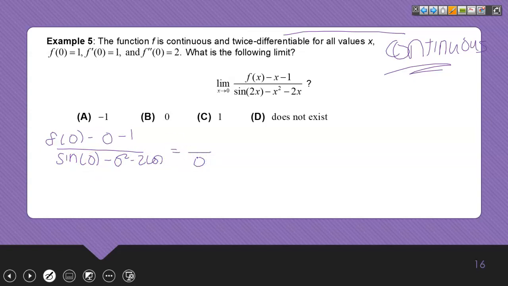I know immediately sine 0 is 0, 0 squared is 0, 2x over 0. So the bottom is 0. It's whether the top is 0 or not we have to be concerned about. So f of 0 is 1. 1 minus 0 is 1. 1 minus 1 is 0. So I get 0 over 0 in my indeterminate form, which means I can do L'Hopital's.